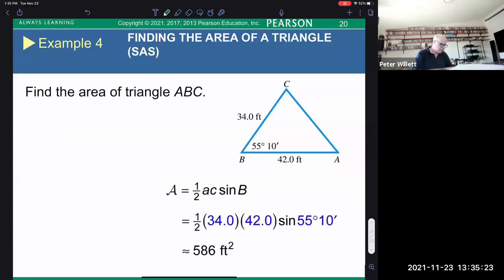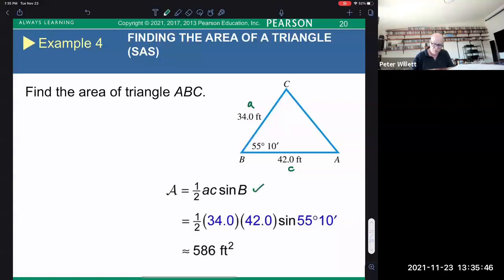So here it says, find the area of this triangle. It's not a right triangle. They give us two sides, C and A, and angle B that's between them. So the formula says I would take the product of those two sides times 1/2 and multiply by the sine of the angle between them.